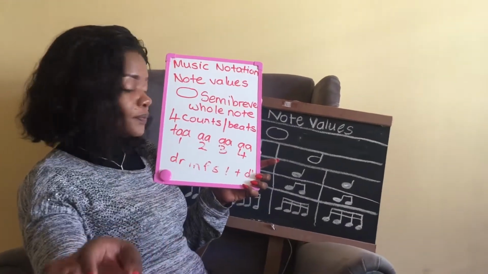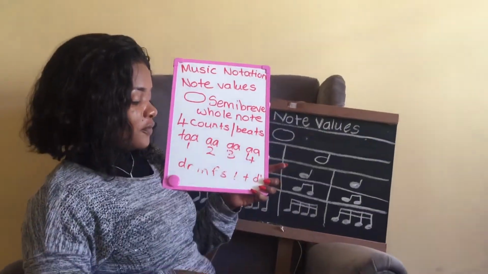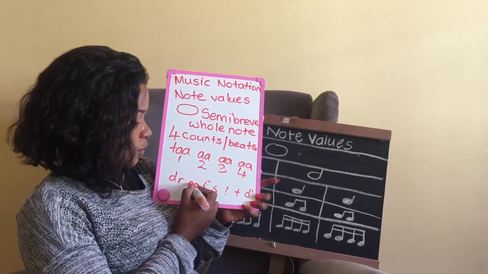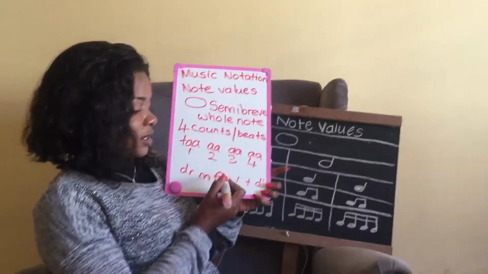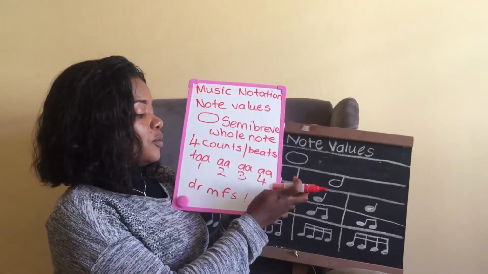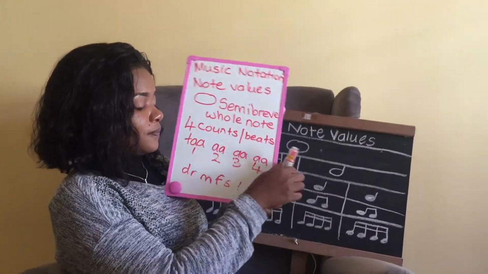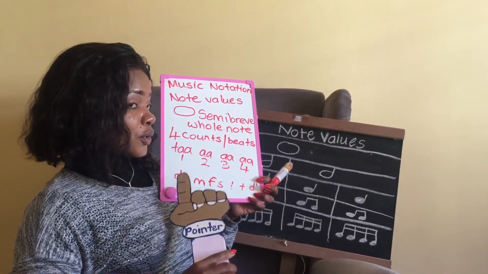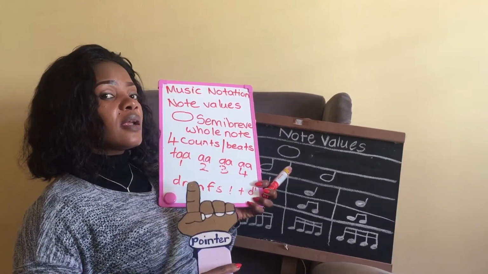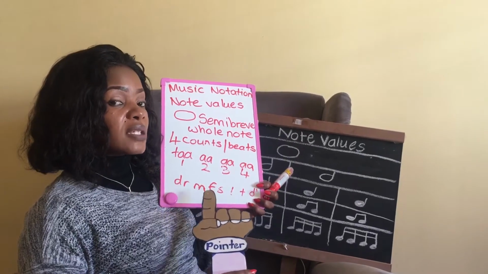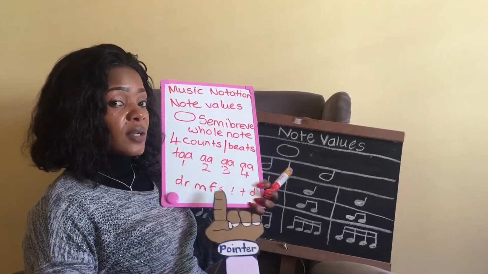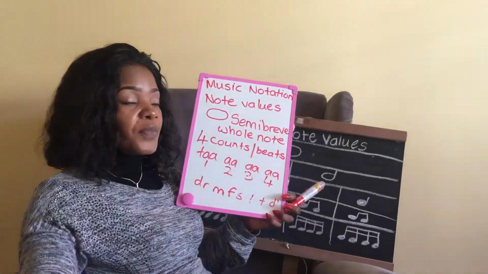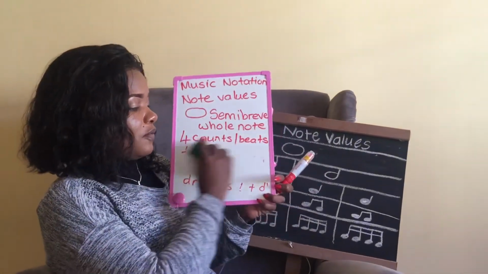Let's say we have 2 semibreves, one on do and the other on re. You play it like this: Do, re, which means do lasts for 4 beats and re lasts for 4 beats. So that's the value of our semibreve.